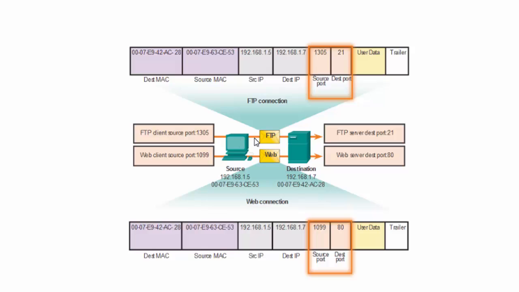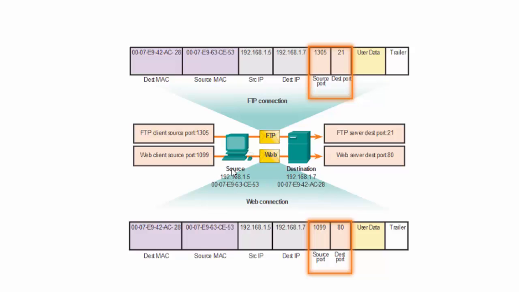So the purpose of the transport layer is to identify which application this segment is coming from and which application should receive this segment on the destination side. The IP puts the source IP address and the destination IP address, and these are used for routing, as we have talked about in the previous chapter.